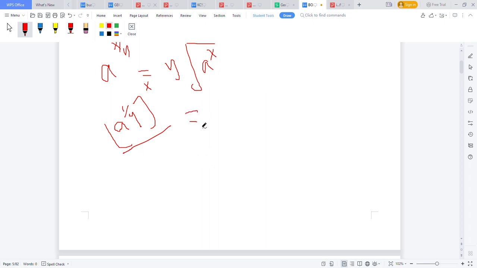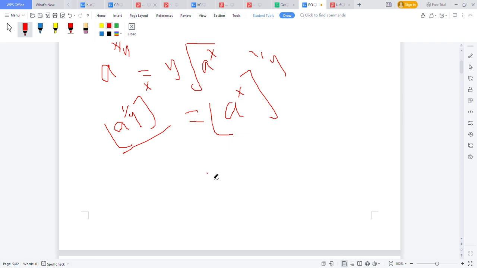Somebody can also say you have a raised to x, then the whole of this is raised to 1 over y. Yes, that is right.